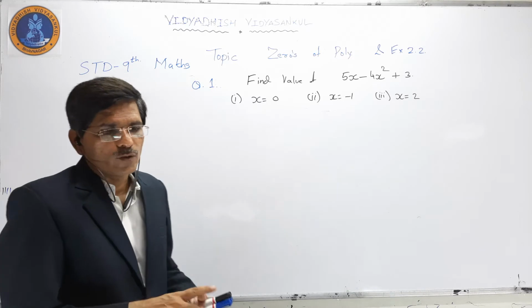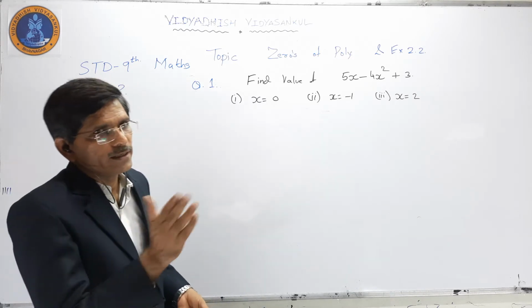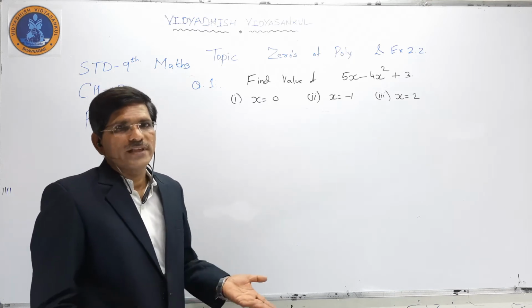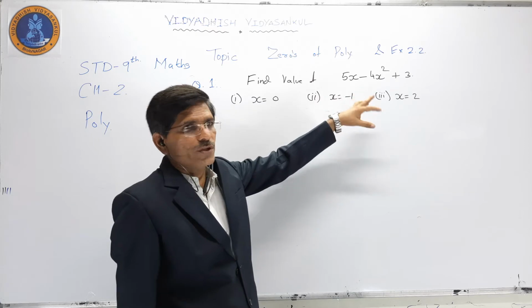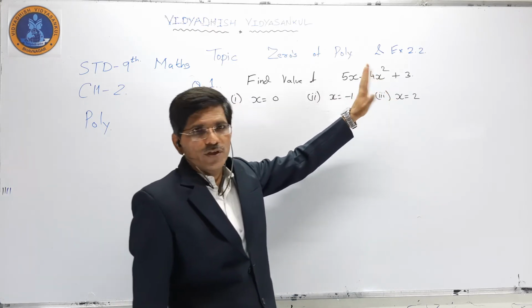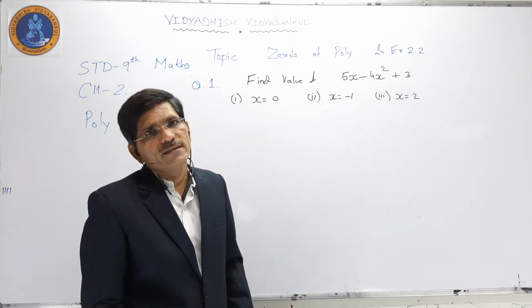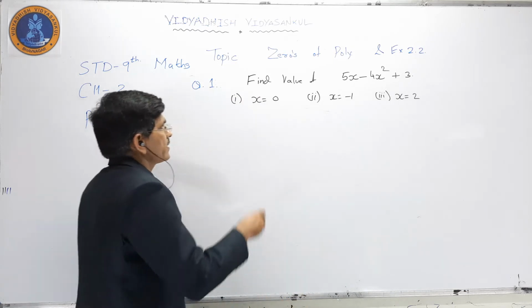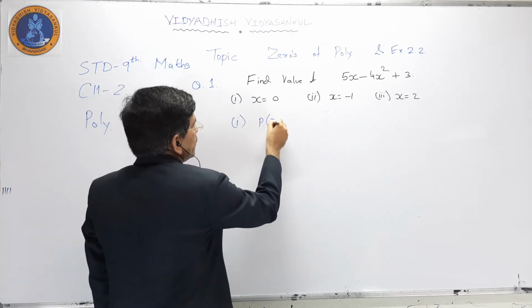So I have to put 0, minus 1 and 2. We already checked in one example that if I put 0, then 5 into 0 is 0 and 4 into 0 is 0, so only the constant term is my answer, that is 3. I think it is easy, so it is not necessary to solve it again.